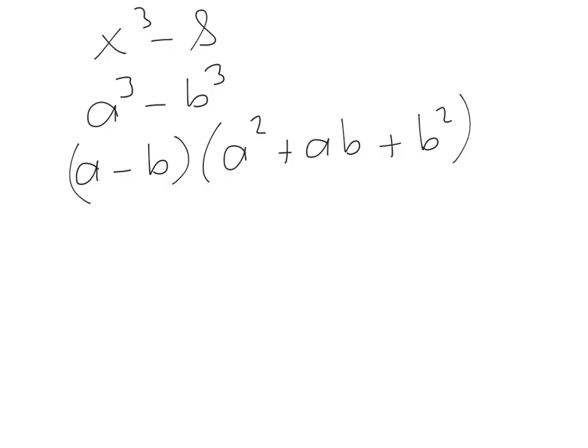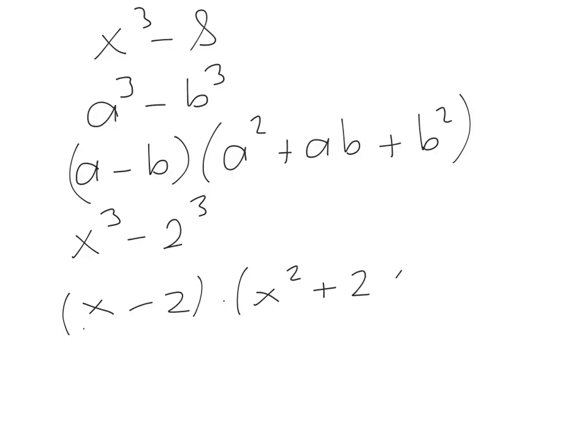Therefore, x cubed minus 8 can be written as x cubed minus 2 cubed. By looking at the above identity, it can be written as x minus 2 times x squared plus x times 2, which is 2x, plus b squared. B is 2 in this case, so 4.